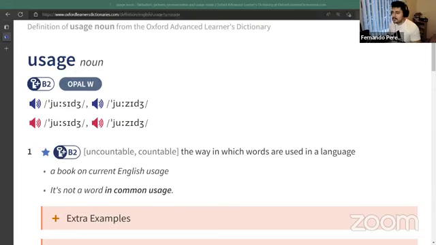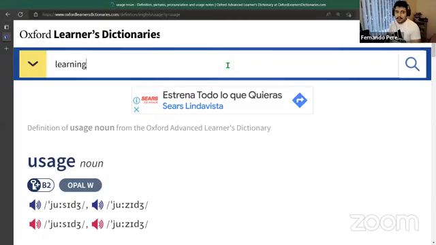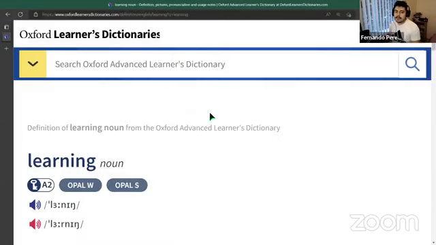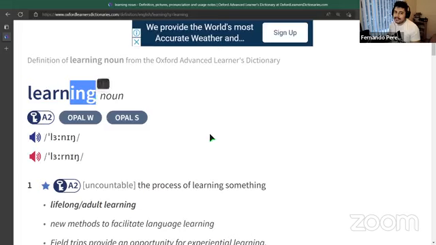The combination of use plus a suffix that creates a noun. You see? And the other was aprendizaje, right? This comes from the noun learning using the suffix ing.